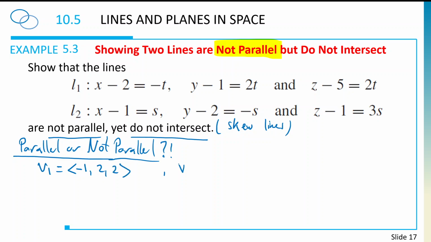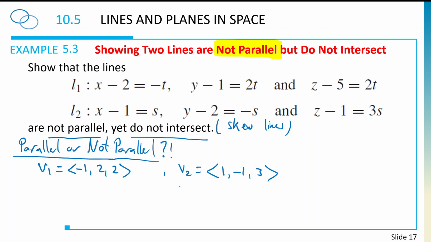V2 will be from the second one: the coefficient of s this time, because the parameter is now s instead of t. So this is 1, -1, and 3. Remember, we always take it if x is equal to, and they don't have to be on the same side, x or y or z equal to. So this is V1, this is V2.